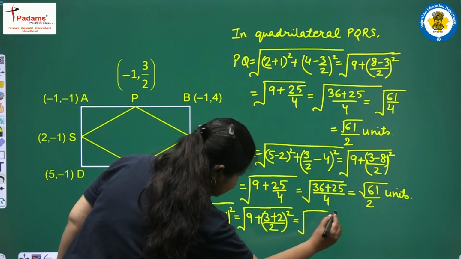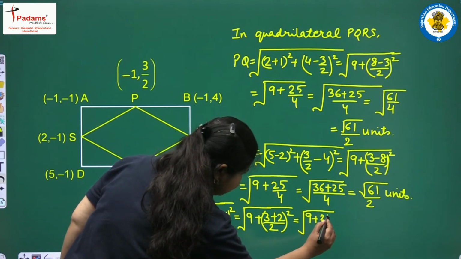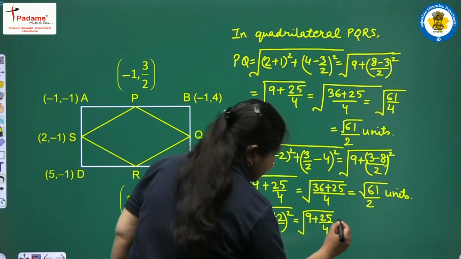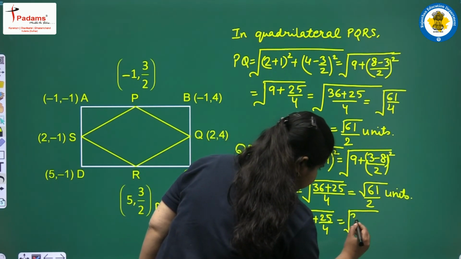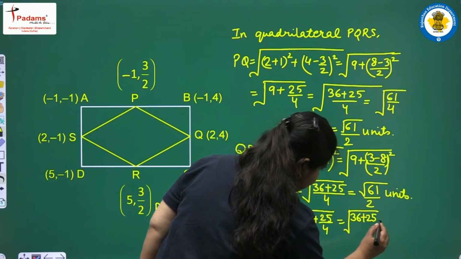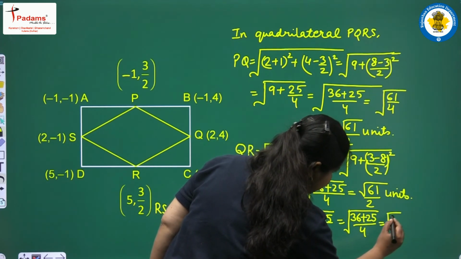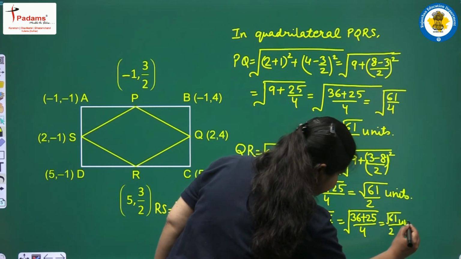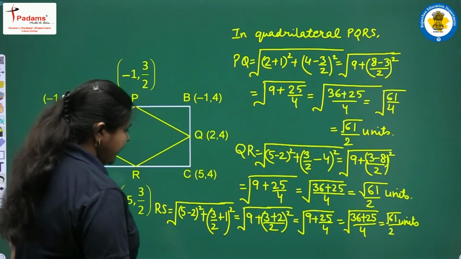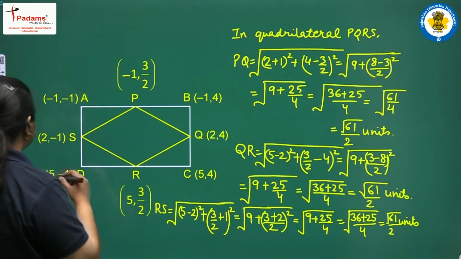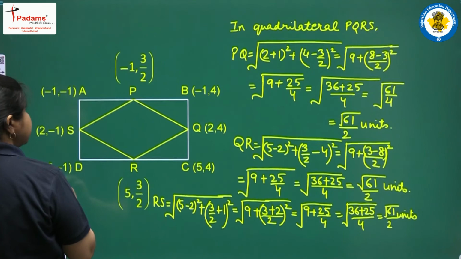This will be square root 9 plus 25/4. Again this is the same expression, it will be 36 plus 25 upon 4 equal to square root 61/2 units. This is the length RS, and then finally we have to find the length SP.